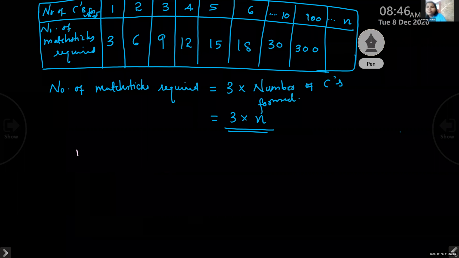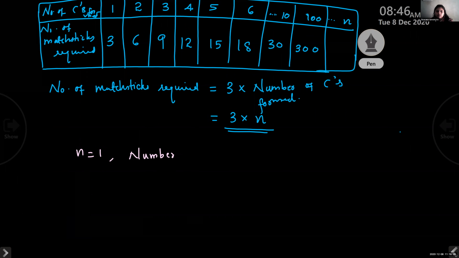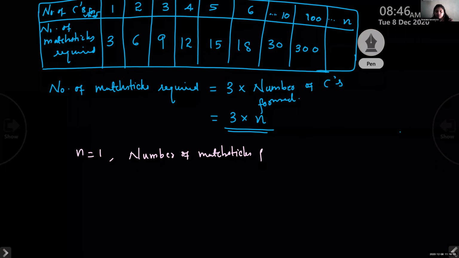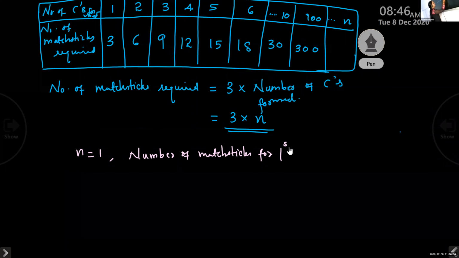If n equals 1, what is the meaning? Number of matchsticks used for the first C is 3 into 1, that is 3.